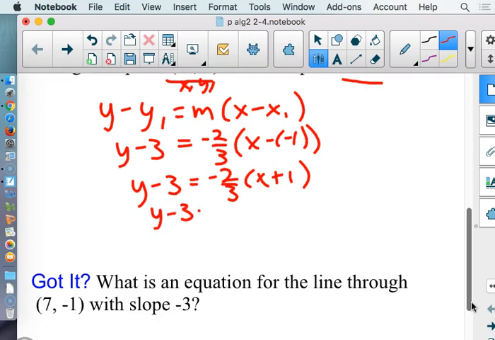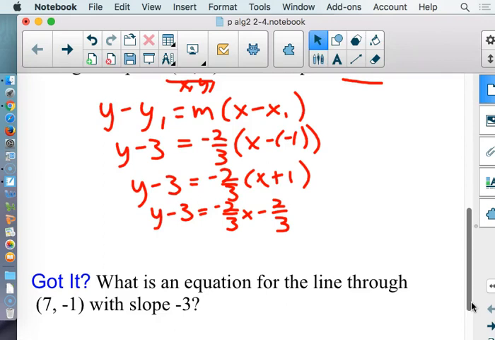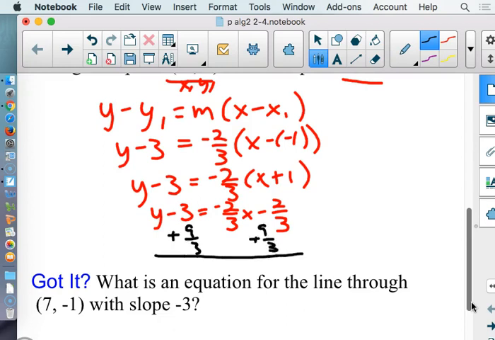So y minus 3 equals negative 2/3 of x minus 2/3. And then we're going to add 3 to both sides. But then I realize, okay, I'll either use my calculator and do negative 2/3 plus 3, math number 1, or I can change 3 into 9/3. So I'm going to add 9/3 to both sides. And that will give me y equals negative 2/3 x plus 7/3.